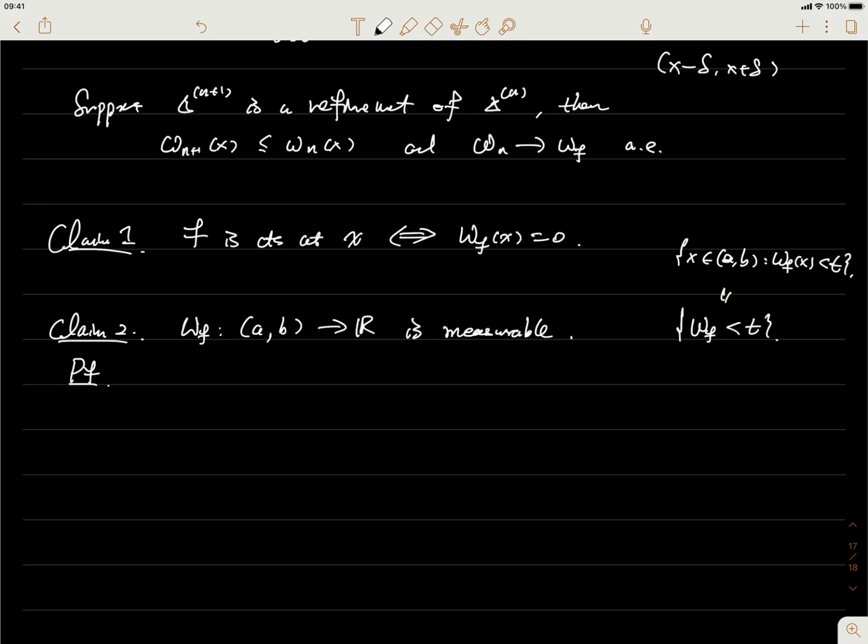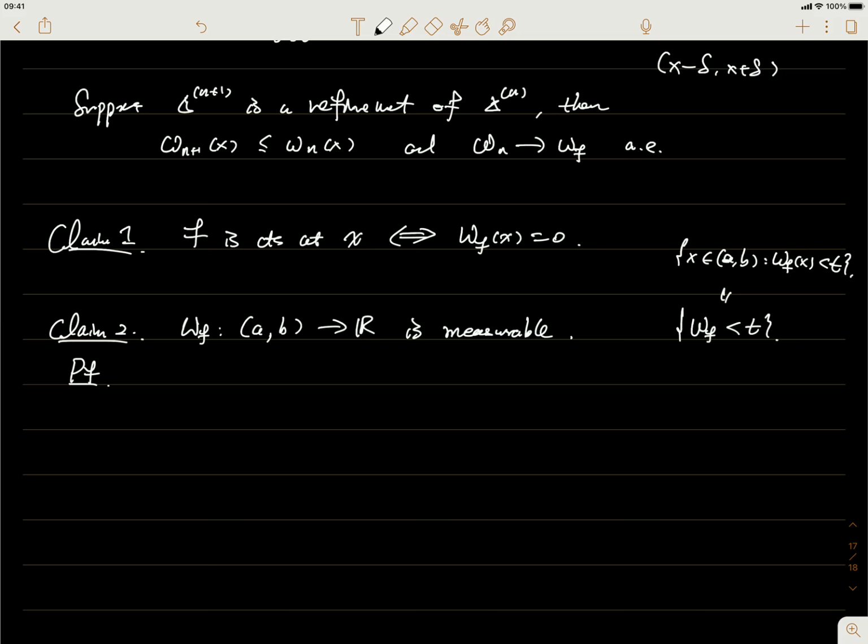This is a subset of the interval (a, b). I want to show that this is a measurable set for every t. Actually, we can show that this set is open. It's not just measurable; it's actually an open set. Okay, that is even stronger, since we know every open set is measurable.